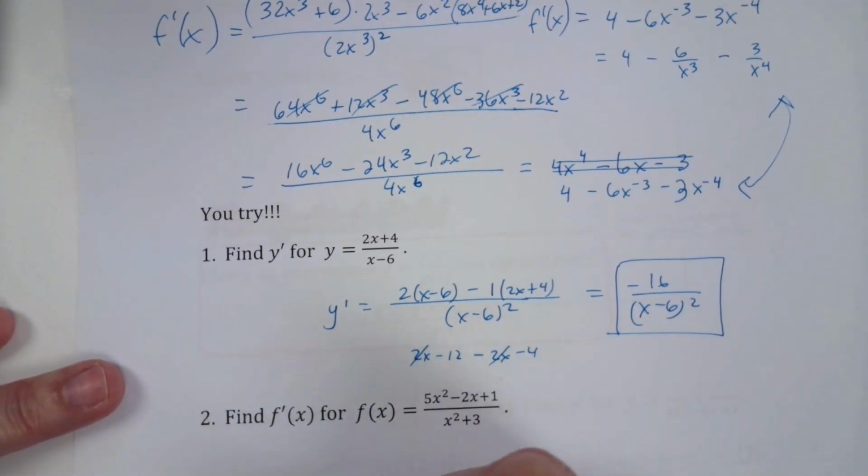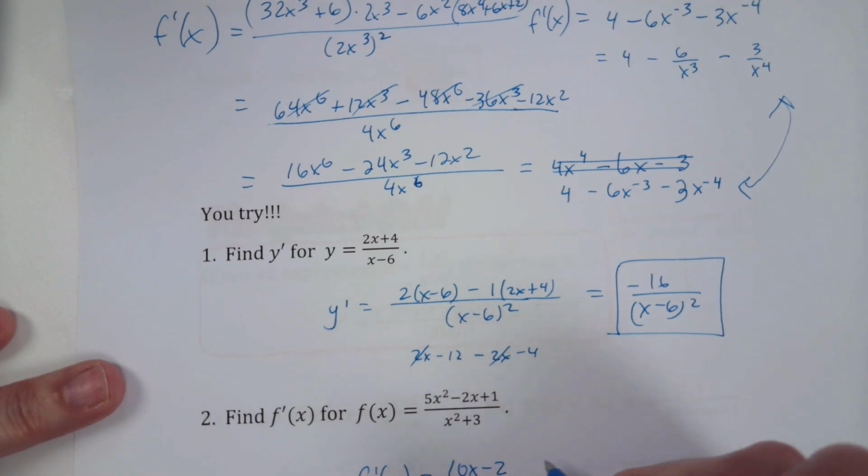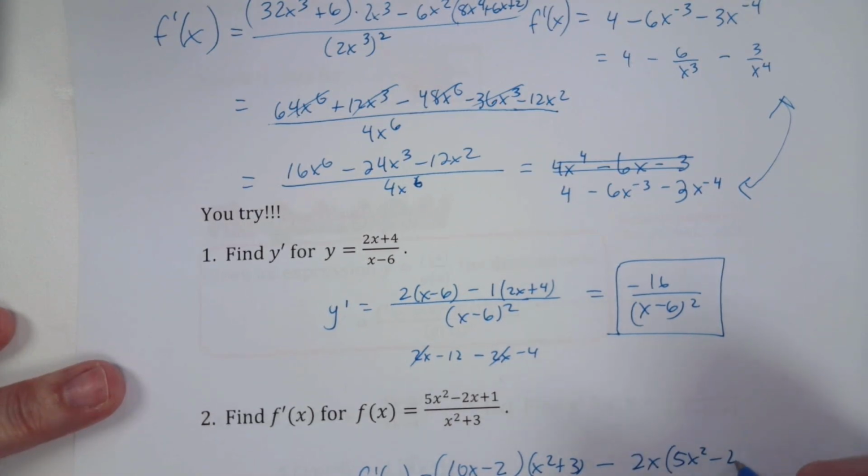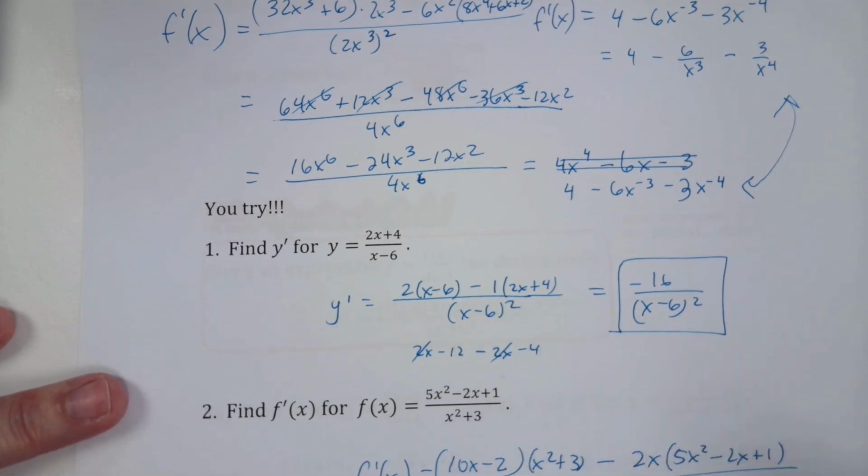All right, and then down here for this guy, f prime of x, I'm going to have the derivative of the numerator, 10x minus 2, times the bottom, x squared plus 3, minus the derivative of the bottom, 2x, times 5x squared minus 2x plus 1, over x squared plus 3 squared. Now, you know, you can multiply at the bottom. I've just been leaving it there.